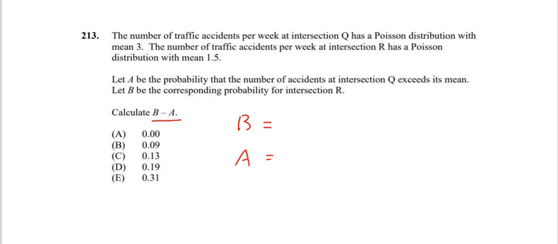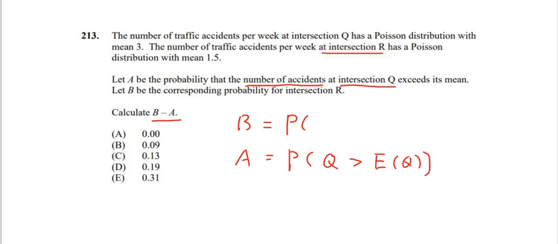A is the probability that the number of car accidents at intersection Q exceeds its mean, E of Q. And B is the same question, but at intersection R, so R larger than its mean E of R.